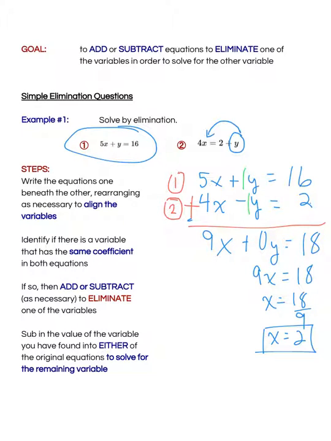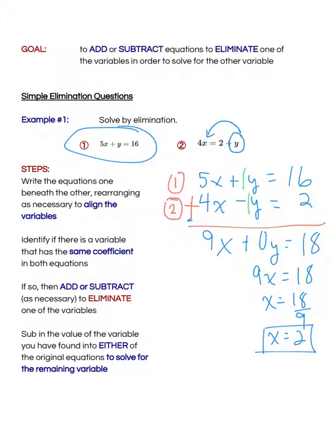Moving the 10 over, I get that y is equal to 6. So I've solved this system now. The solution is (2, 6). So that was a nice simple elimination question.